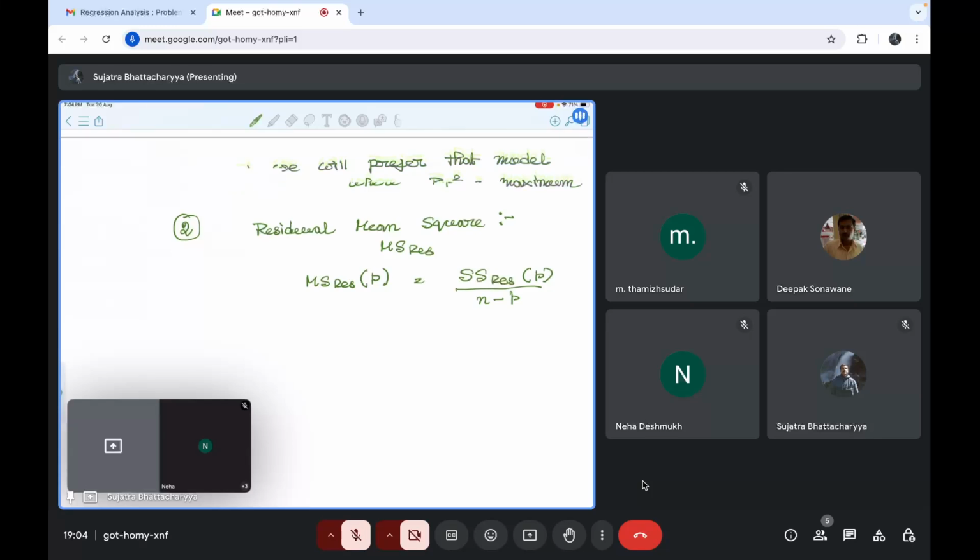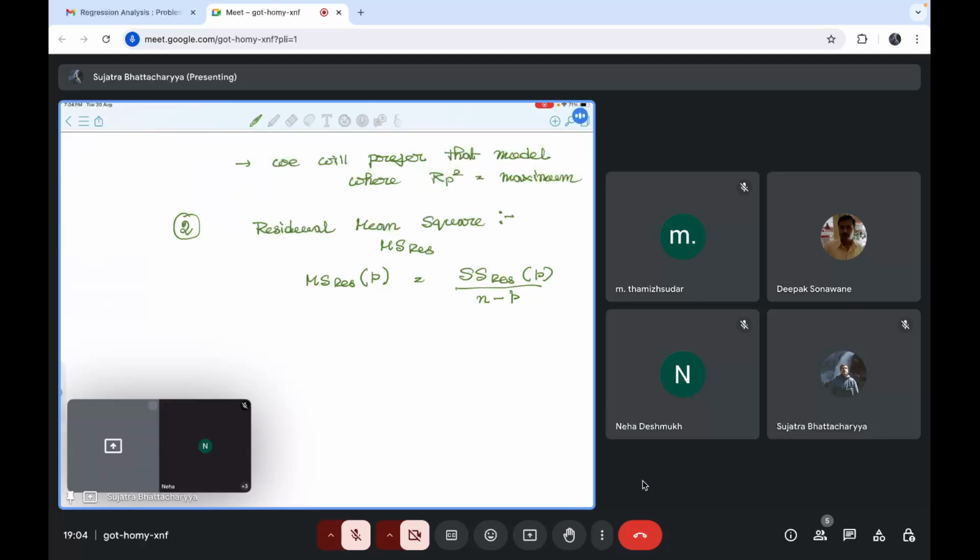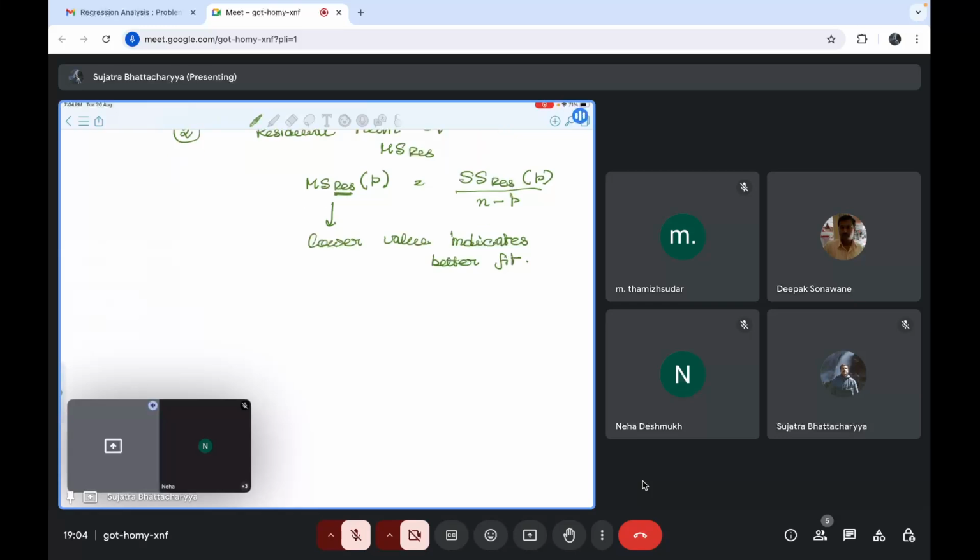Here, a lower value is good. Lower value indicates a better fit. Why? Because residual is nothing but the errors in the fit. Once the error is small, that is the best fit. Correct. So it indicates a better fit. Okay. Here the minimum is the best.